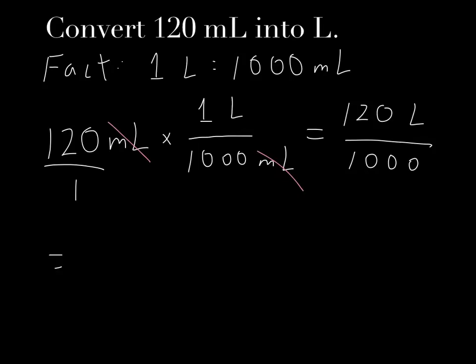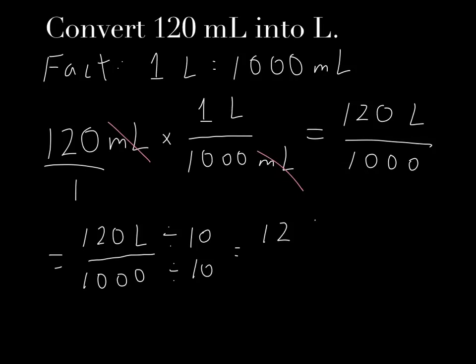So let's look at the fraction, 120 liters over 1,000. You may already see what to do here, but for example, I can divide the top and the bottom by 10. And I can get 12 liters over 100. And a nice way to write that as a decimal is 0.12 liters.